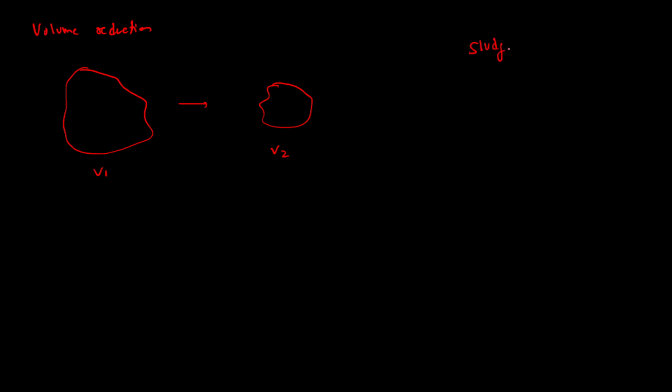See, what do we mean by volume reduction? Volume reduction means initially the volume was V1 and then the volume has become V2. When will this volume get reduced in case of sludge? We know that sludge consists of solid and water. So if we decrease this water, that is if we decrease the moisture content P, then the volume of sludge will decrease. Correct? So there is an inverse relationship between volume and moisture content. So let's write it down.